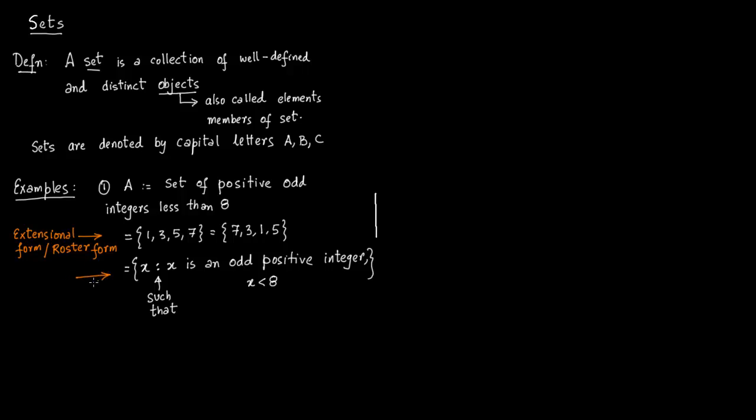The second form, x such that x is an odd positive integer, is called the intensional or set builder form. It is x, then the colon is read as such that, x is an odd positive integer.